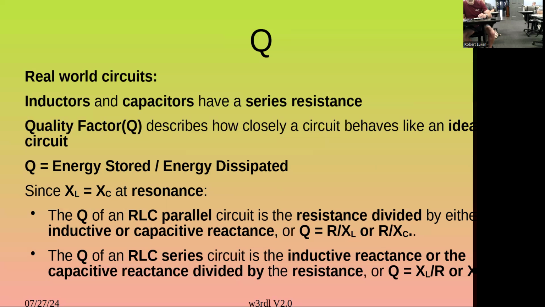If you have a series circuit, it's going to be the reactance divided by the resistance. I always have trouble remembering that one, because I can't quite wrap my head around why that's the case. What was that difference again? Parallel is resistance divided by reactance. Series is reactance divided by resistance.